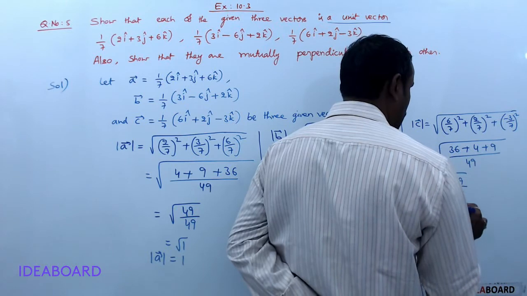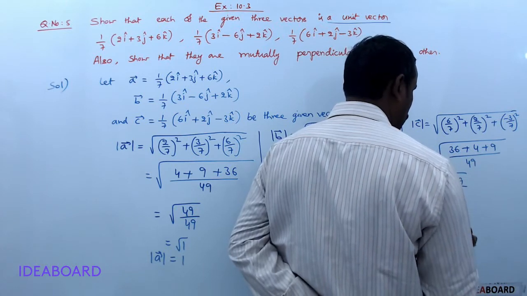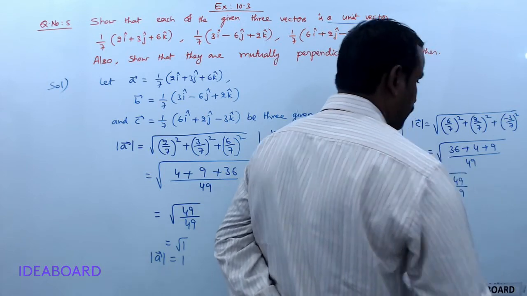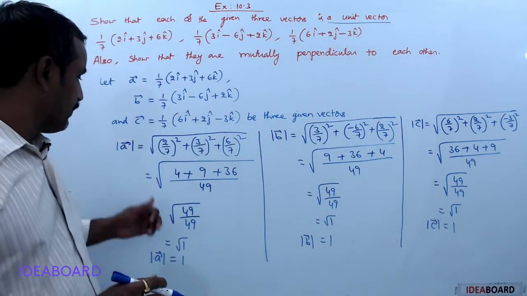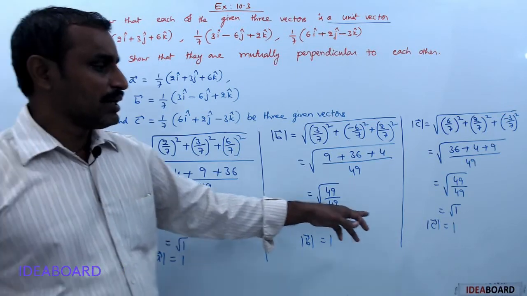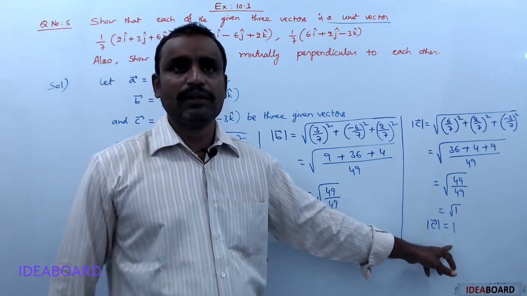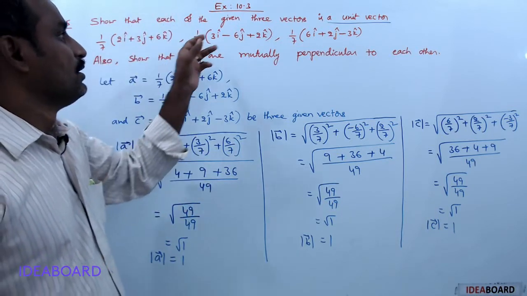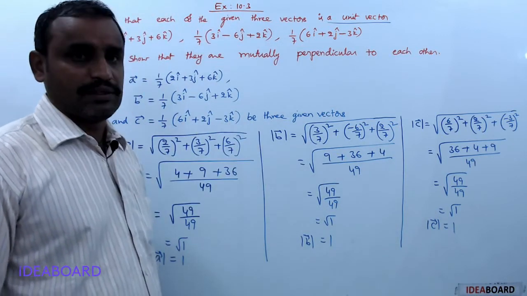Both get cancelled, so now you will get 1. Root 1 value is 1 only. So mod of C bar is also 1. So clearly mod of A bar, mod of B bar, mod of C bar values are equal to 1. Therefore each of the given vectors is a unit vector.